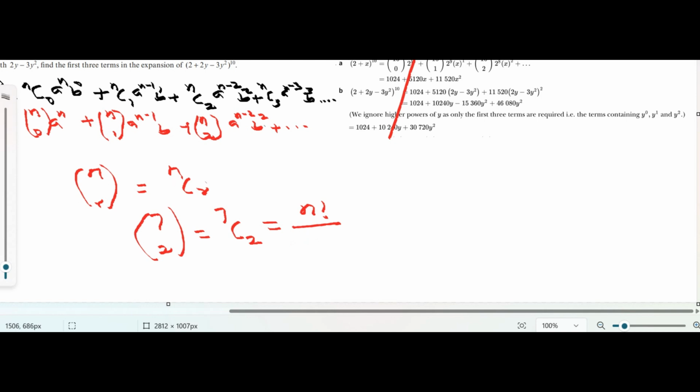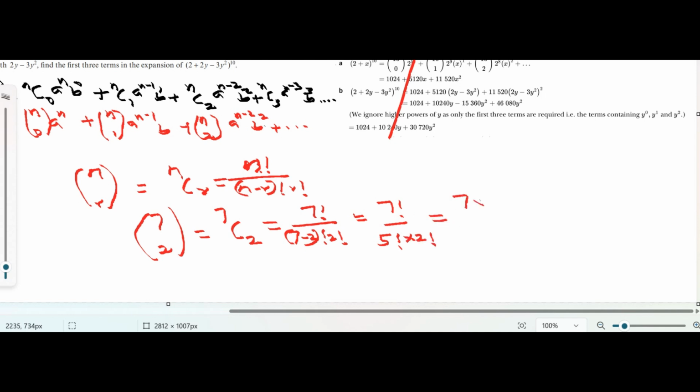I've told you this gives an expansion: n factorial over n minus r factorial. So if I want to do this, it will be 7 factorial all over 7 minus 2 factorial, which will be 7 factorial over 5 factorial times 2 factorial.